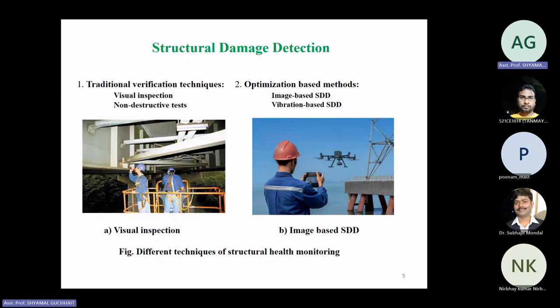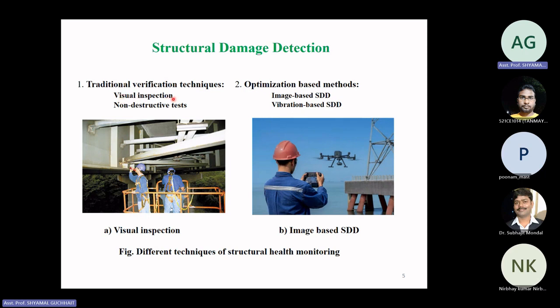Now, in this slide, I have already told you there are different kinds of methods we can apply for structural damage detection. First is the traditional verification techniques. In the traditional verification techniques, there are two methods.